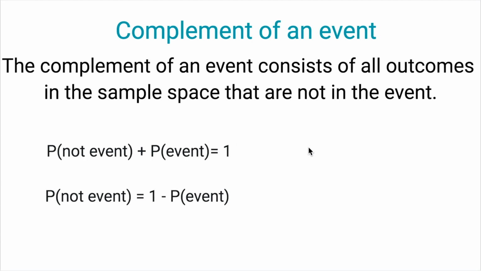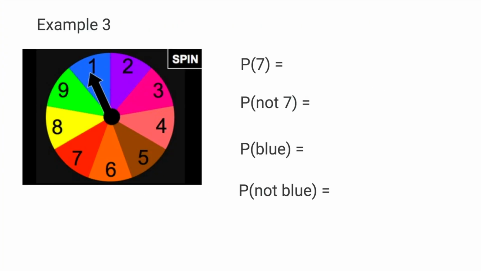I'm going to give you some examples to think about why this concept is important. The third example here involves a spinner, and the first question says find the probability of 7. This spinner has 9 total outcomes, but there's only one 7. So the probability here is going to be 1/9. Very simple, straightforward.